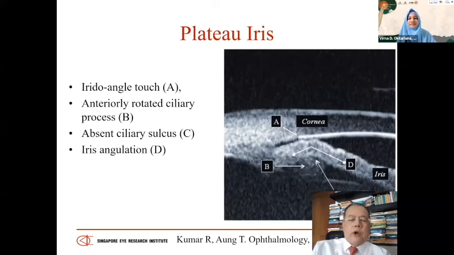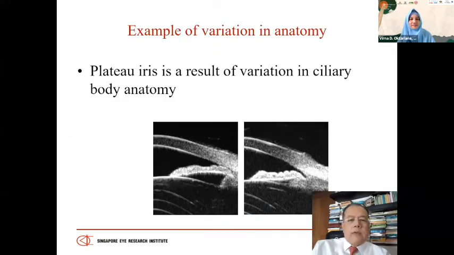And this is the diagnosis of plateau iris, in which there is an anterior rotated ciliary process shown in B, along with an iris angulation that looks very planar and a closed angle. Plateau iris is a variation in anatomy of the ciliary body, such that it's rotated anteriorly. And this can only be diagnosed clearly by using UBM and cannot be diagnosed with anterior segment imaging such as OCT.